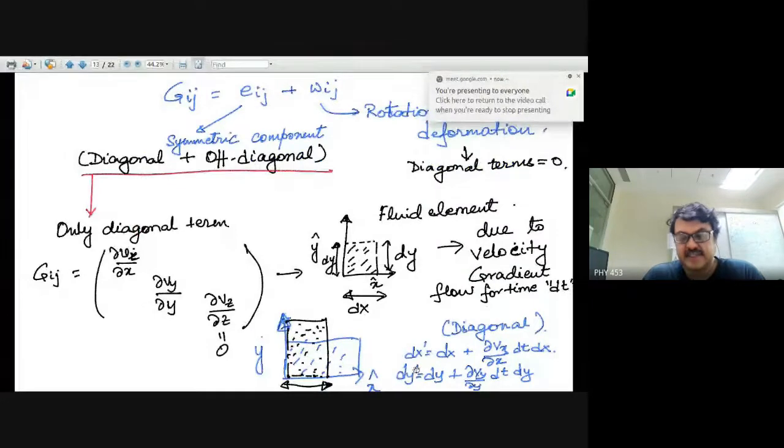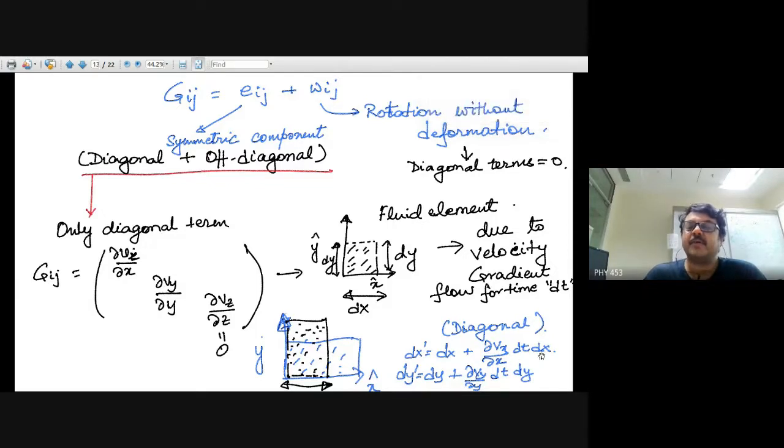Basically, what happens is that this dx dash is dx plus the change of the x component of the velocity in the x direction, because you have only diagonal components, into dt, into dx.